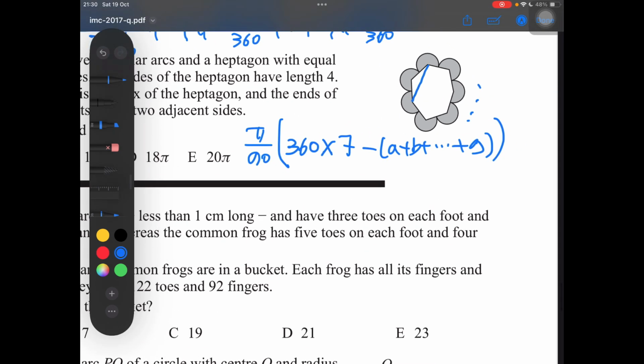So if we choose just one vertex there and make all diagonals from there, then we can divide it into 5 triangles. Because each triangle has internal angle sum 180, 5 triangles make 900. So this is 900. So let me distribute them here. So 90, 360, so 4 by 7, 28 pi minus 90 times 900 over 90 is 10 pi. Therefore, this is 18 pi.